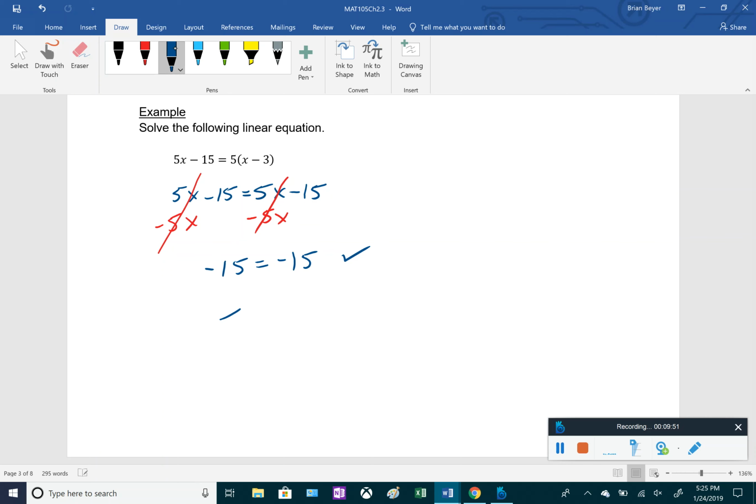So this means there are infinitely many solutions. Okay, so that one has infinitely many solutions. And if you didn't believe me, you could plug in any number into x, and it'll always be true from the original.